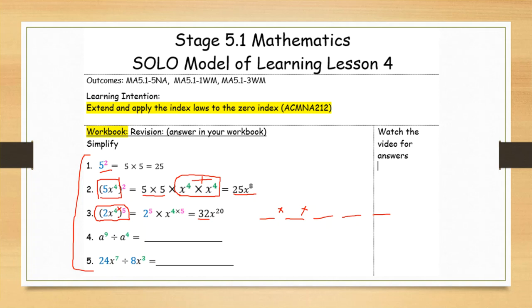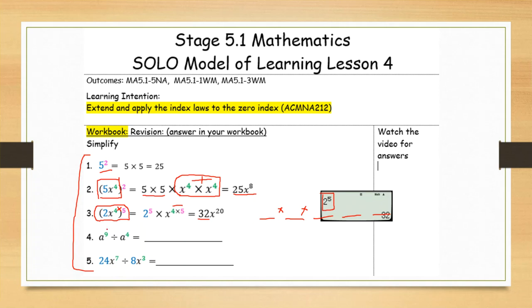In this case, when we have a bracket, we multiply the indices. So 4 times 5 is 20. So we get 32x to the power of 20. Hopefully you know how to do 2 to the power of 5 on your calculator. Okay, you need to ask me if you don't. It's a very useful thing to do.